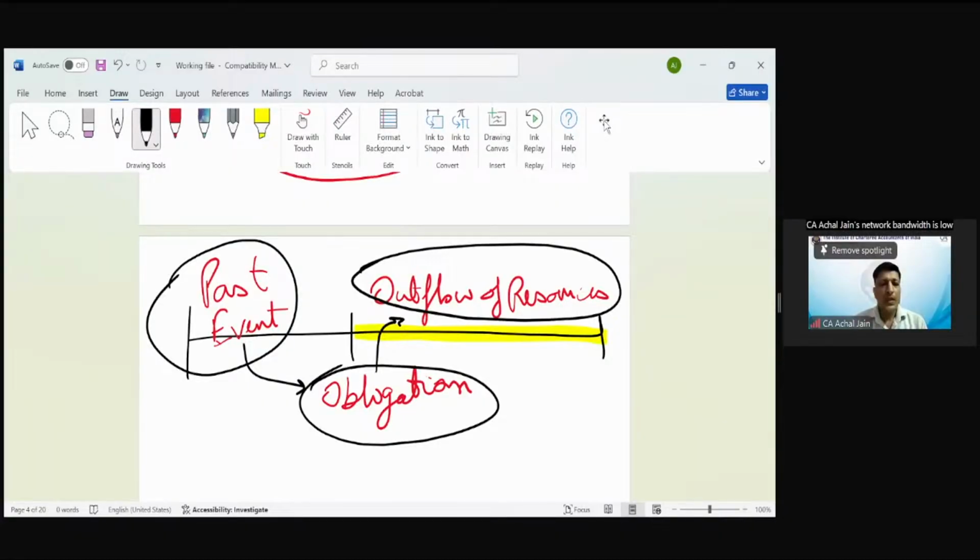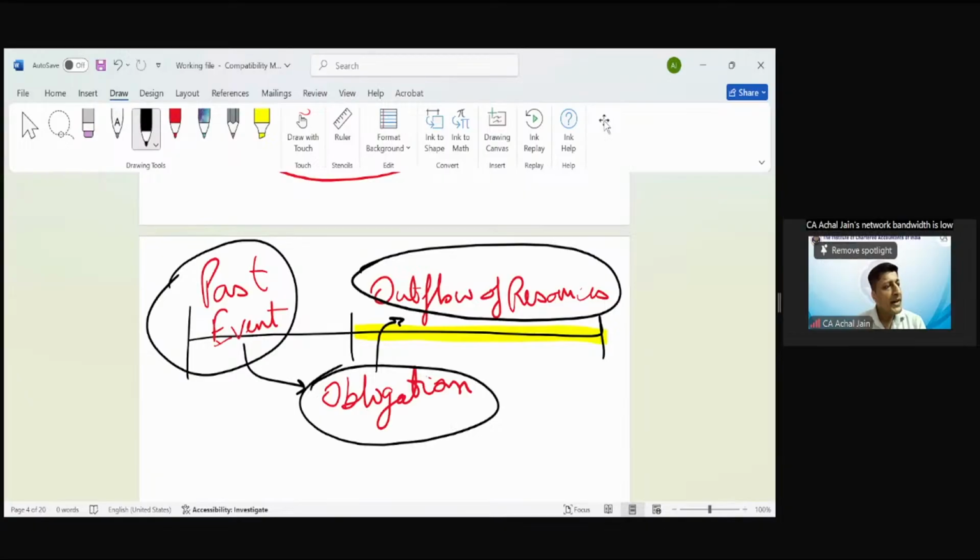There was one question in which we have to classify the following particulars in the balance sheet under the heads, as per Schedule 3 of the Companies Act 2013.